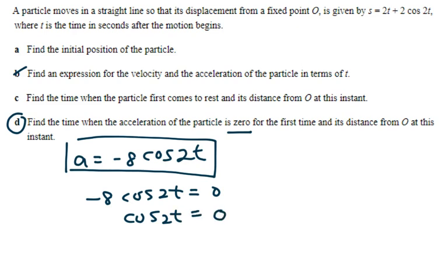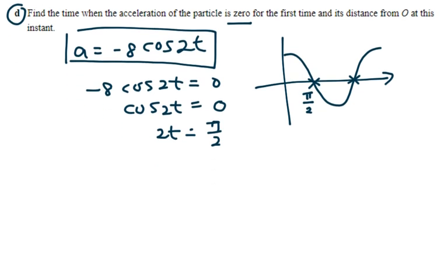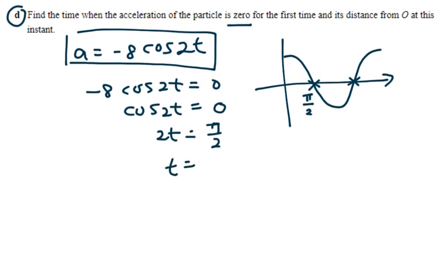When cosine of 2t equals 0, the first angle for 2t will be pi over 2. This can be found by using the cosine graph, where it is 0 at this point and this point, and the first is at pi over 2. Solving it, t will be equals to pi over 4.